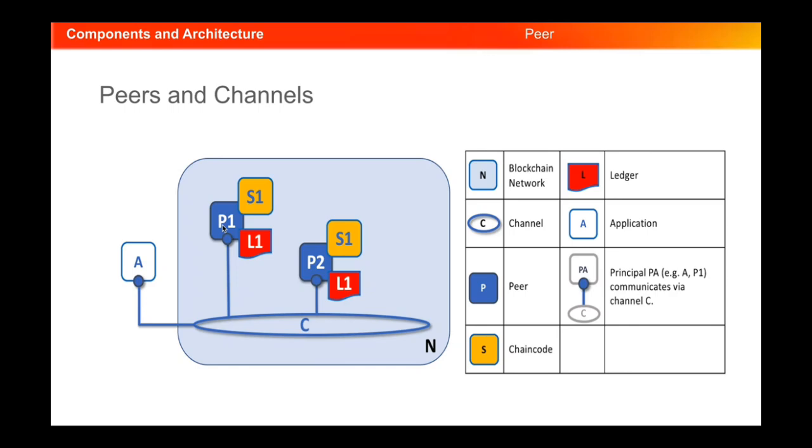Each peer, P1 and P2, has the smart contract S1 installed on it, and has its own ledger, which is ledger 1, L1, over here. So this is the simplest form of the network. As we move forward in this section, we are going to complicate the network, and in the end you will get to know how all these components work together.